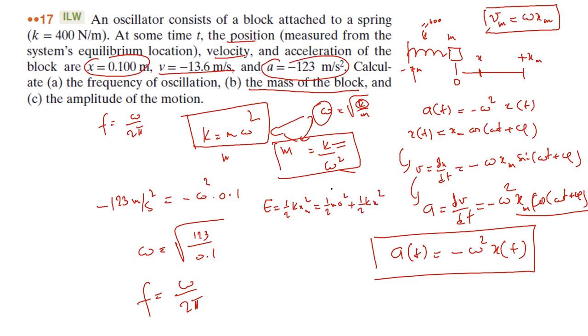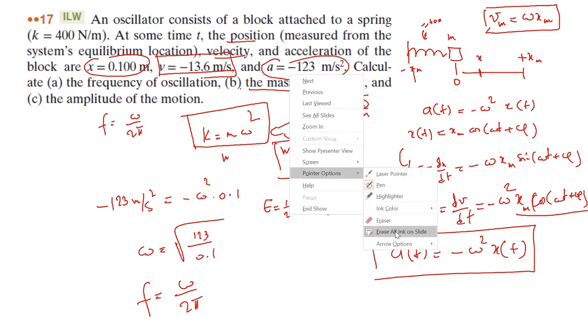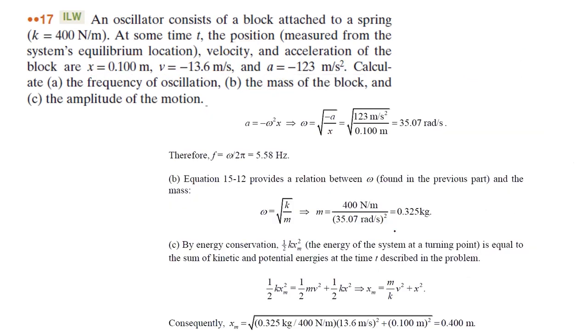So I know, of course, m, the mass of the block from the previous question. I know v, it's given here, minus 13.6. I know k, of course, I know x, so my only unknown is x max. Step by step, and you catch your bird.